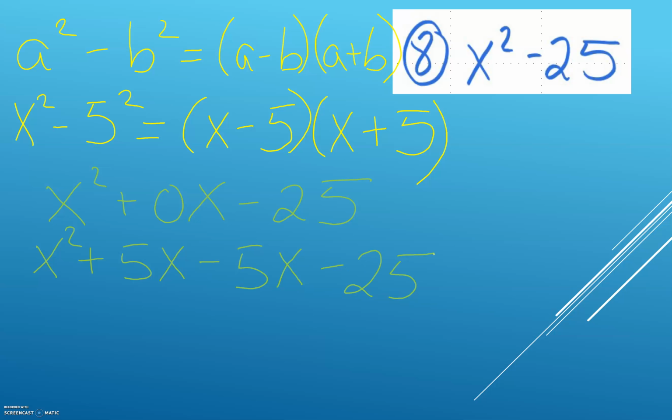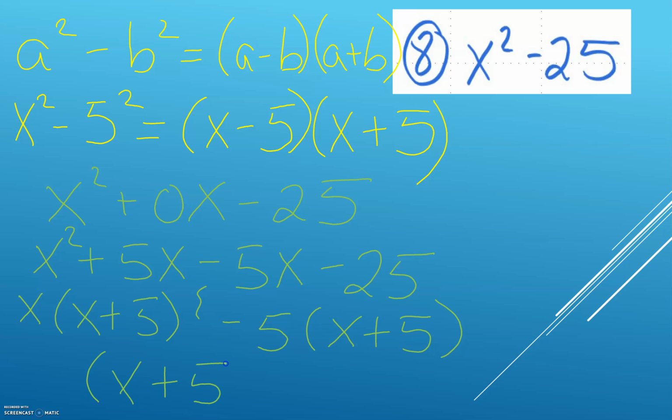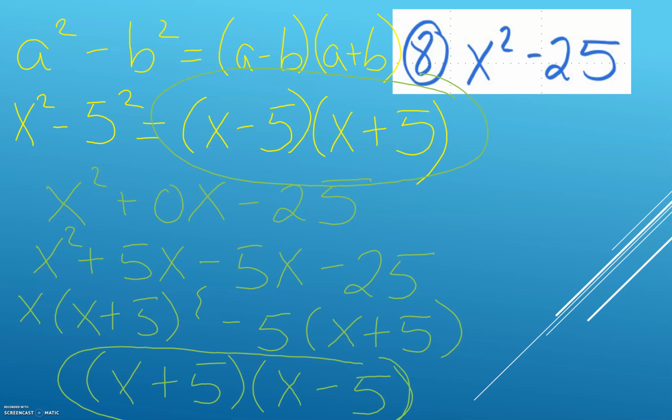If we split the middle like we did before, I could factor out an x from the first two terms, and I could factor out a negative 5 from the last two terms. So I would still end up with the quantity x plus 5 times the quantity x minus 5. So both this answer and our answer up here are identical.